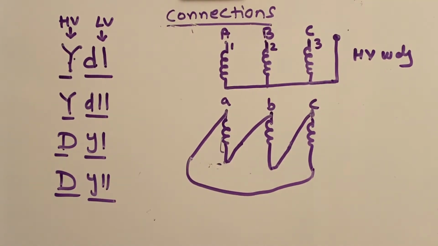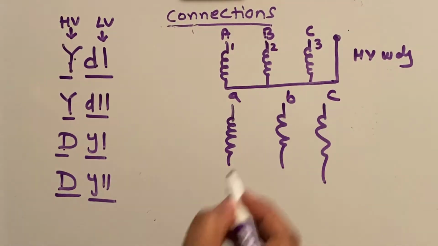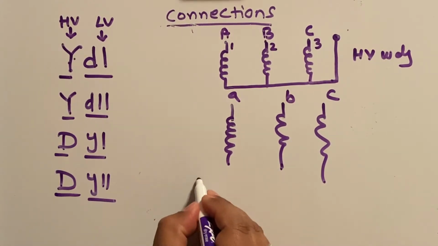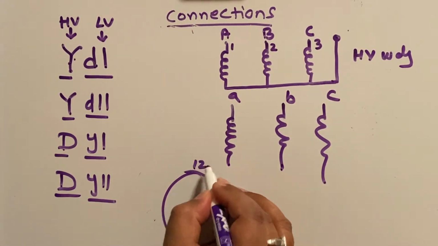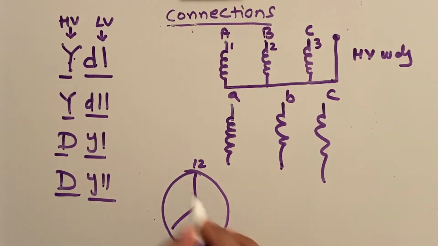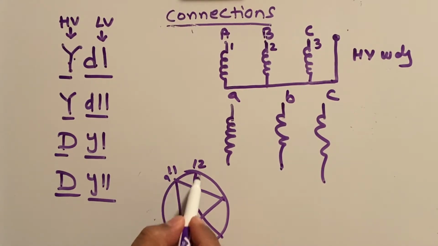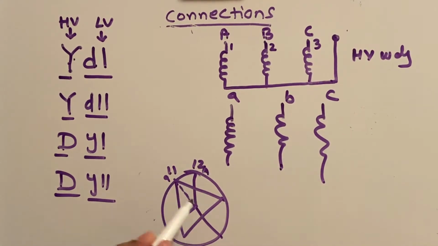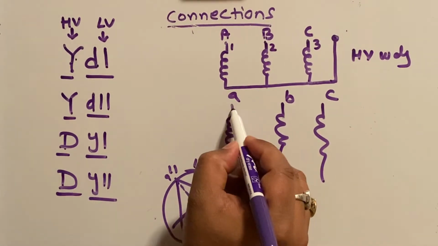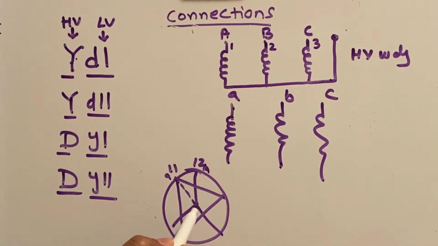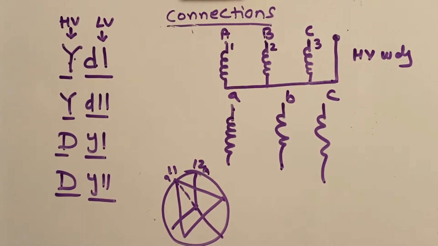Now similarly, let's see how to make YD11. Now D is at 11th position. So again, with respect to clock, this is the Y, so Y is here, and D is at 11th position, is 11 here. So capital A is here. So if you try to take this A and move towards the center of the clock, it is towards your right hand side.